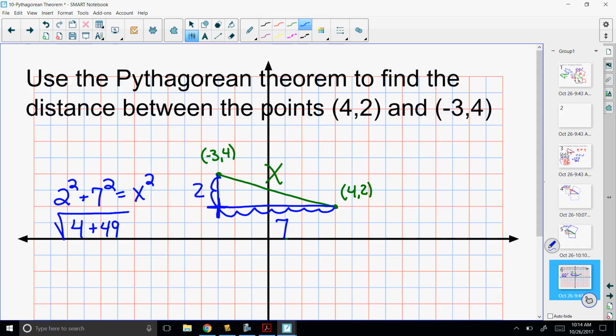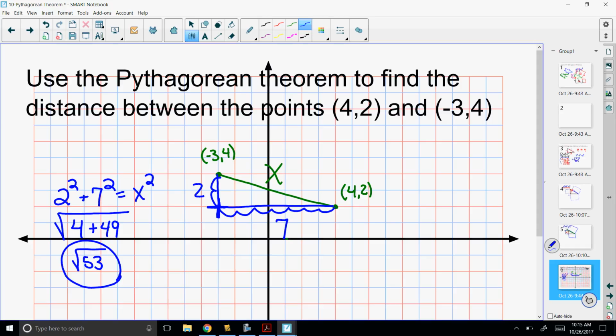Now I did multiple steps right there. Are we okay with that? I squared them and got rid of this square over here by doing the square root. What's 49 plus 4? 53. Your length of that hypotenuse is square root of 53. About what?